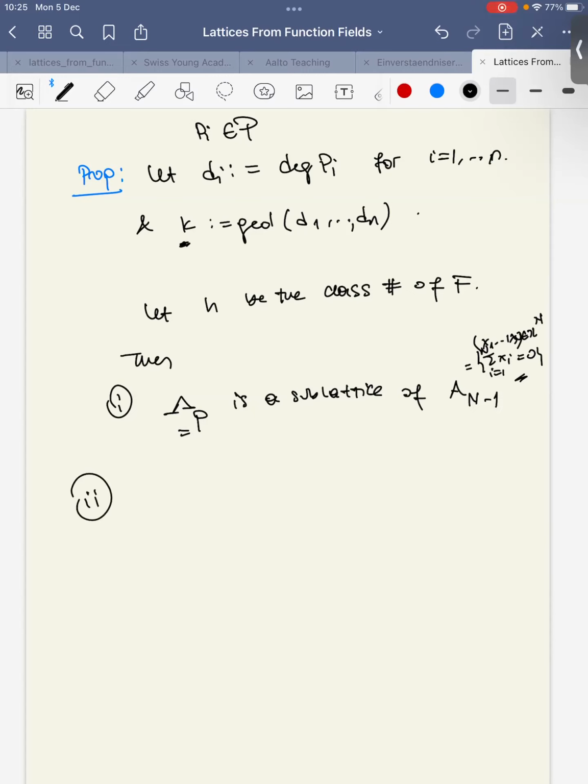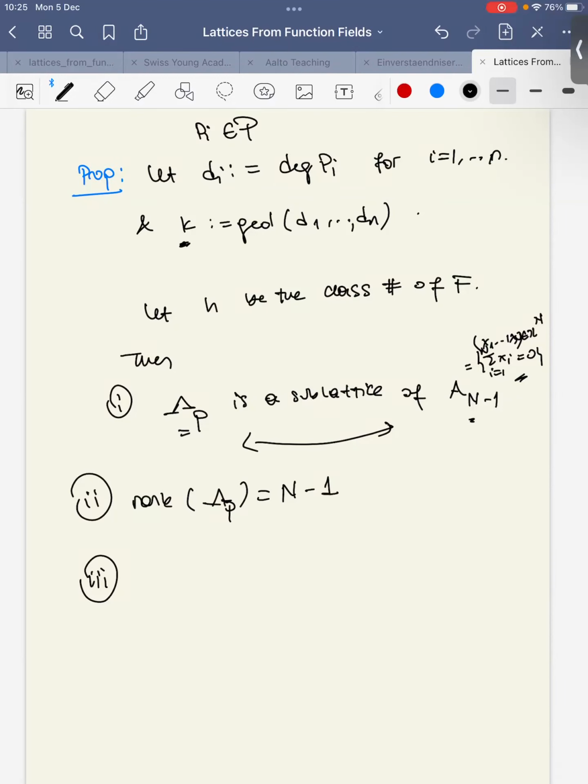And the second property tells us the rank of Delta_P is indeed n minus 1, but it doesn't mean that they are going to be the same. Recall that the rank of the hyperplane lattice is also n minus 1, but this is not going to be the case.